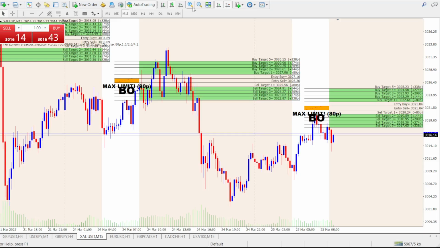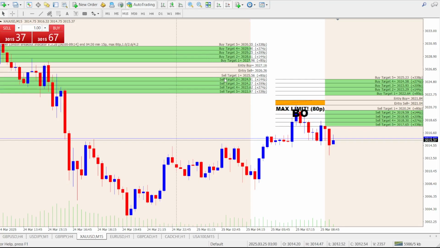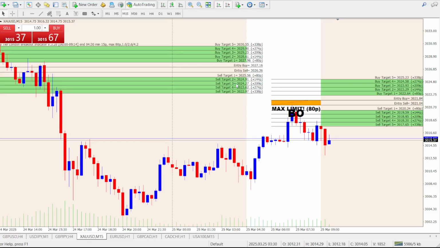So what makes the 3-tier London breakout indicator a good tool? One is that everything is plotted on the chart, so there is no need to calculate breakout levels manually. Another advantage is that the indicator helps you identify clear buy and sell entry points.